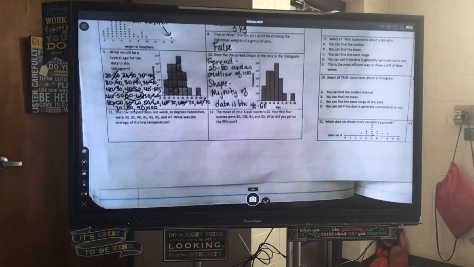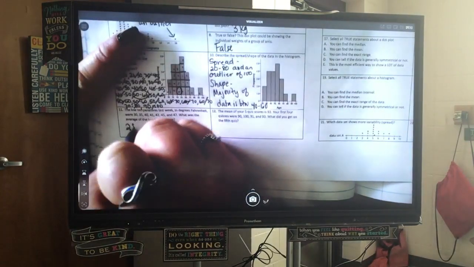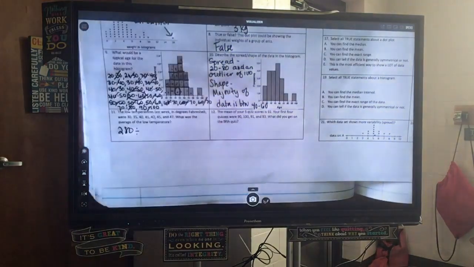Alright, 11 and 12 are simply finding the mean. When you add up 30, 35, 40, 41, 42, 45, and 47, what was your total? Hunter? I got 280. And Hunter, what do you divide 280 by?